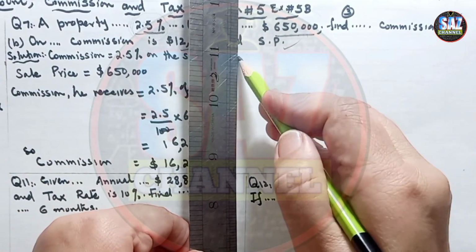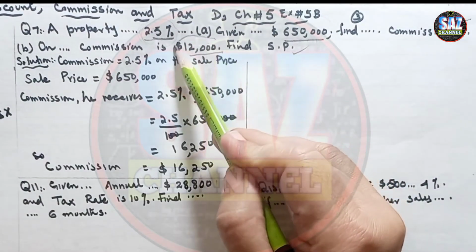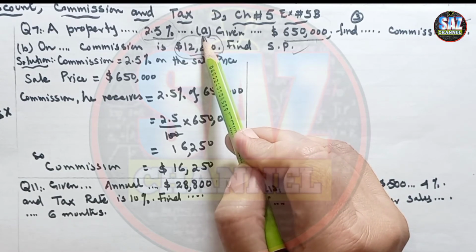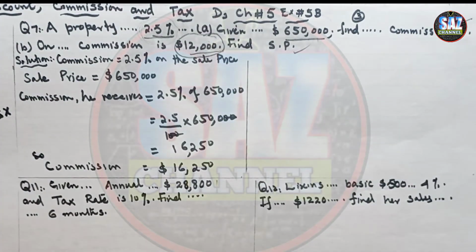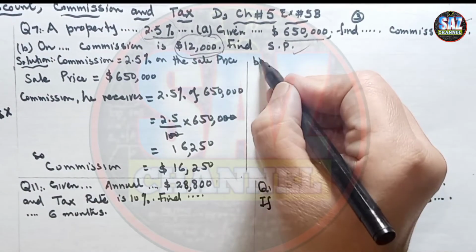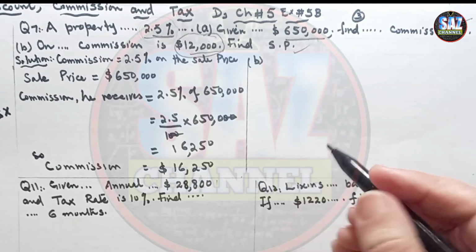Let's move to the second part of the question. In the second part, the question says that on another occasion, he is selling the house and he is receiving a commission of 12,000, and we have to find the sale price of the house, for which the property agent is getting the commission of 12,000.